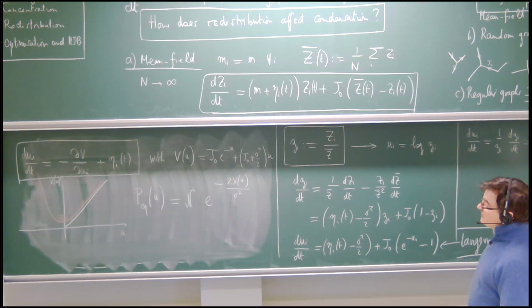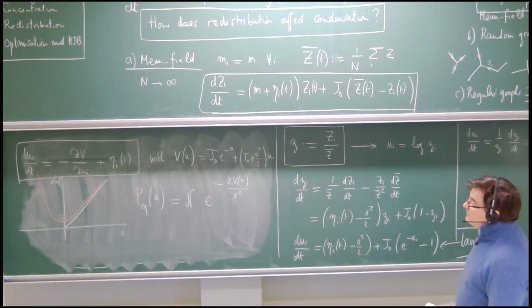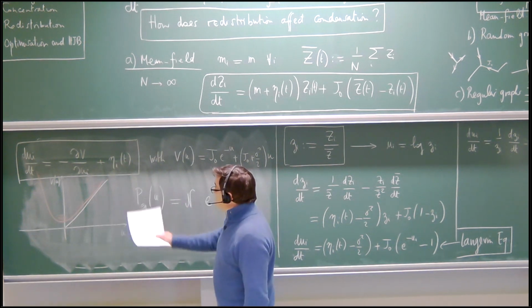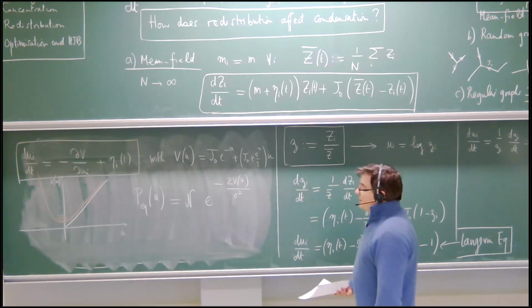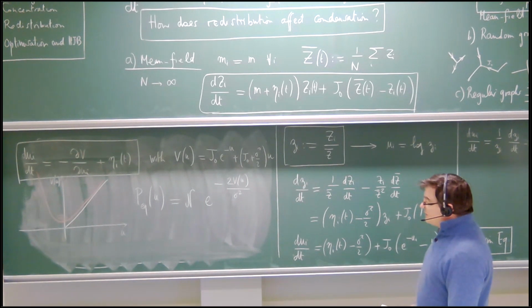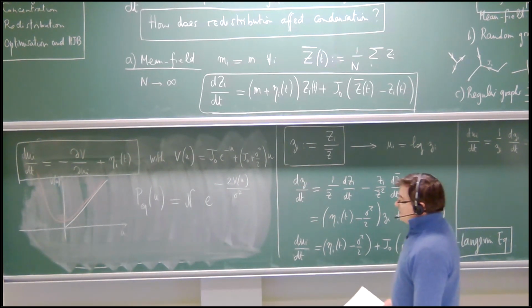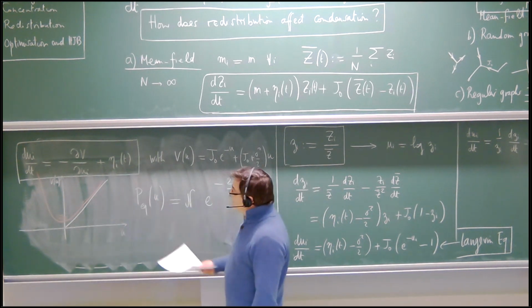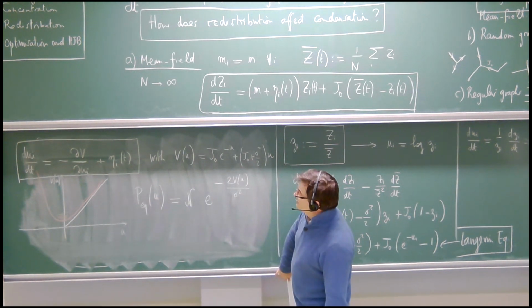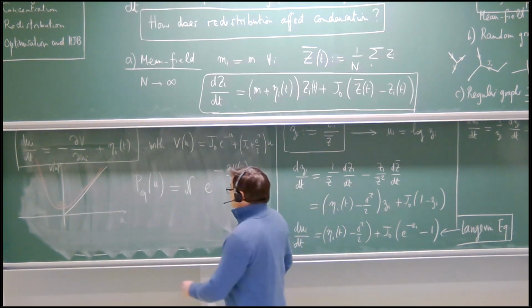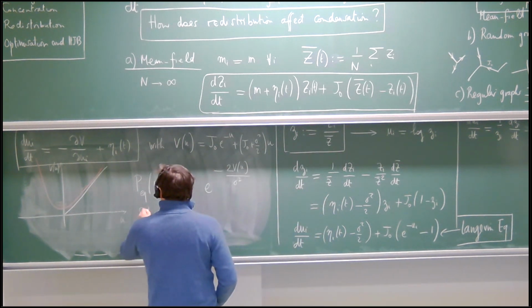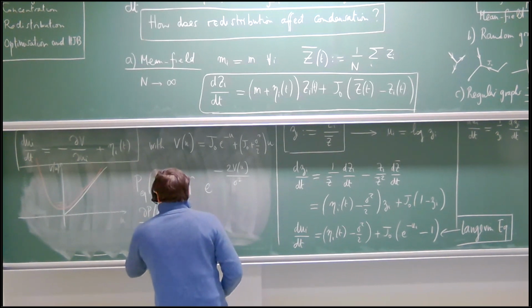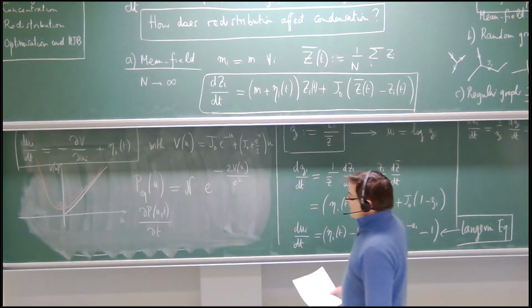If you're more greedy and want to know what happens at finite time, how fast you reach this stationary distribution, you can do it thanks to the so-called Fokker-Planck equation. To each Langevin equation you can associate an equation describing the evolution of the probability to find a particle at u at time t.